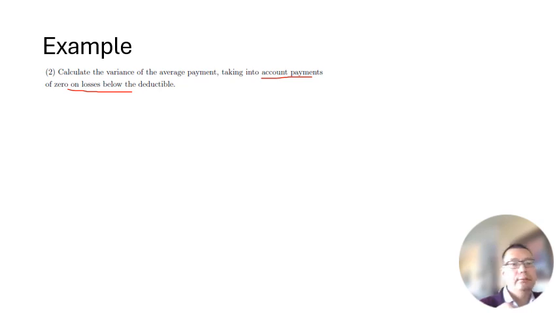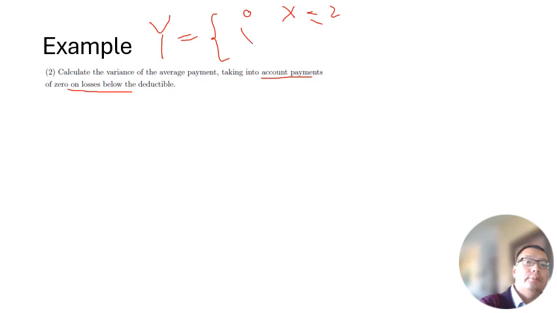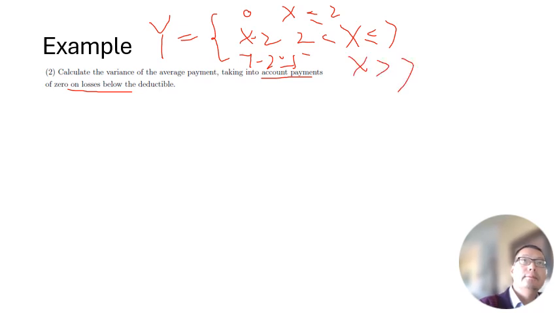In this case, we can start with writing the payment per loss, which will be 0 if x is less than or equal to 2, and it will be x minus 2 if x is between 2 and 7, and it will be 7.2, so it's equal to 5 if x is greater than 7.